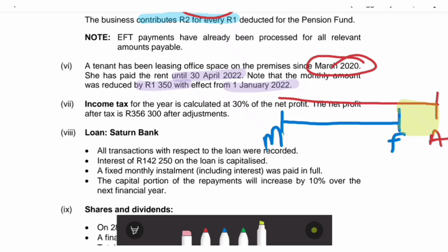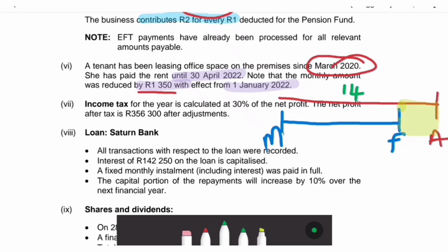So let's look at the information that we're given so that we can work out the value that is supposed to be removed from the rent income. We're not given any monthly income, but we are given that the reduction was 1,350 from January. So if we have a look at the total number of months that we received rent for, it's 14.